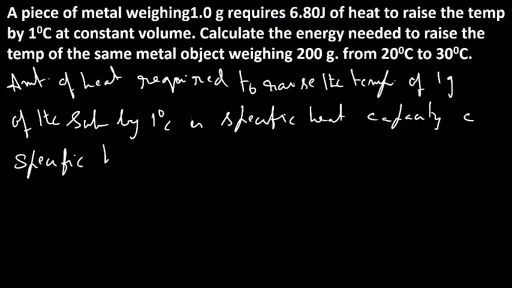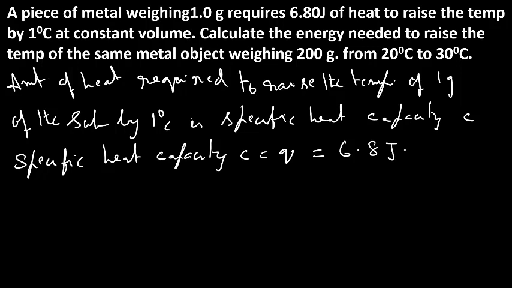So specific heat capacity C equal to Q, because here this amount of heat is required by 1 gram of substance through 1 degree centigrade. This is nothing but 6.8 joule per gram per degree centigrade. Therefore, now we have to find the amount of heat required to raise the temperature of 200 gram from 20 degrees to 30 degrees centigrade.